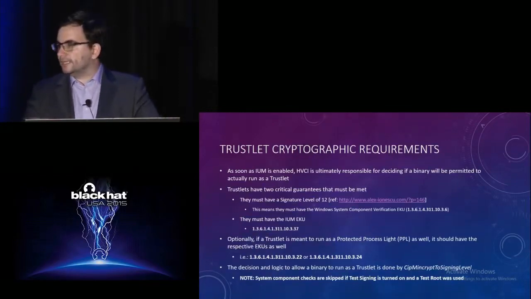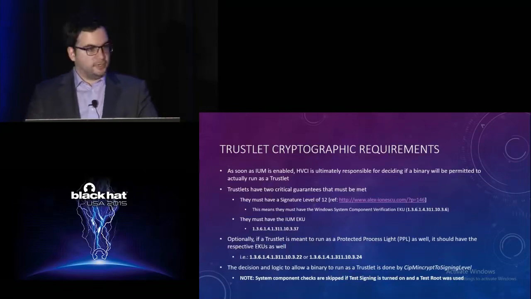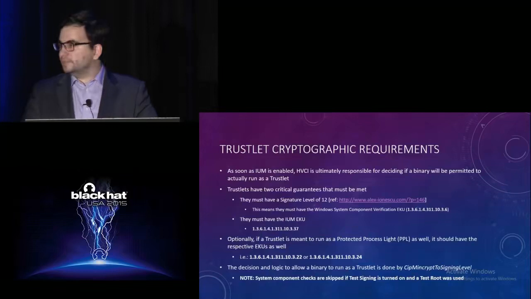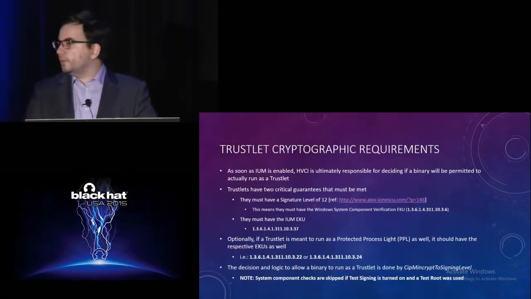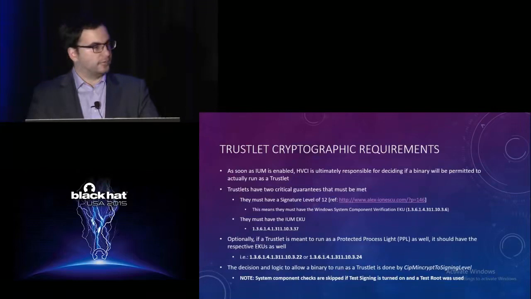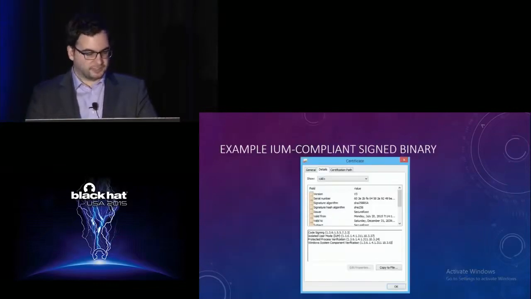Now, even if you boot in debug mode or in test signing mode, and you make your own fake cert, and you add those EKUs, in test mode or in debug mode, they won't be recognized. So it has to be from a Microsoft certificate, not a test certificate, and it has to have those EKUs. So there's practically no way other than corrupting the system in some way, which requires an exploit, which requires bypassing secure boot, to actually change its functionality. So only things that are signed as trustlets can run as trustlets.